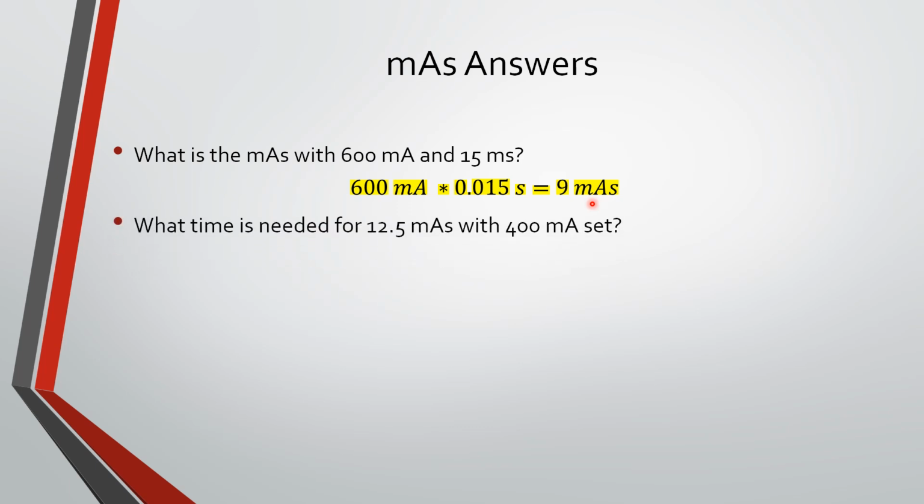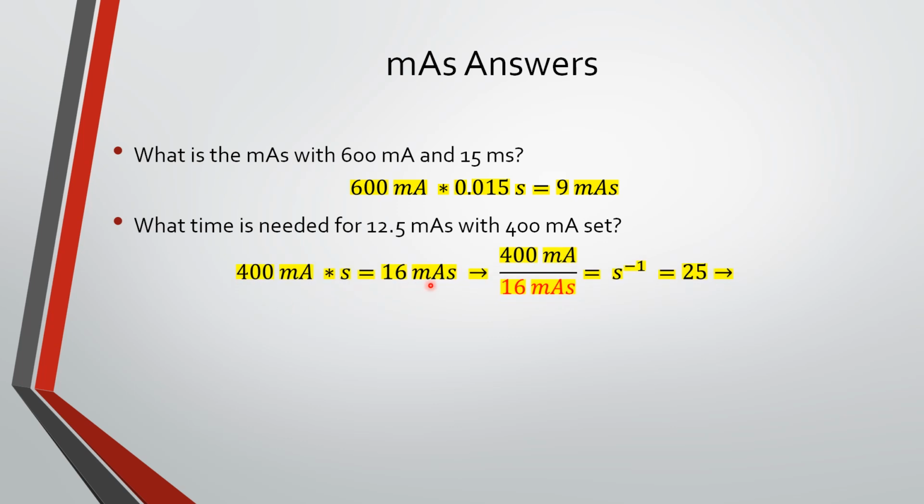The next question: what time is needed for 12.5 mAs with 400 mA set? All right, we'll set up the equation. mA times time equals mAs. We have the mAs, we'll put it over here. We have the mA, we'll put it here. And that's what we did before, and what's done right here.